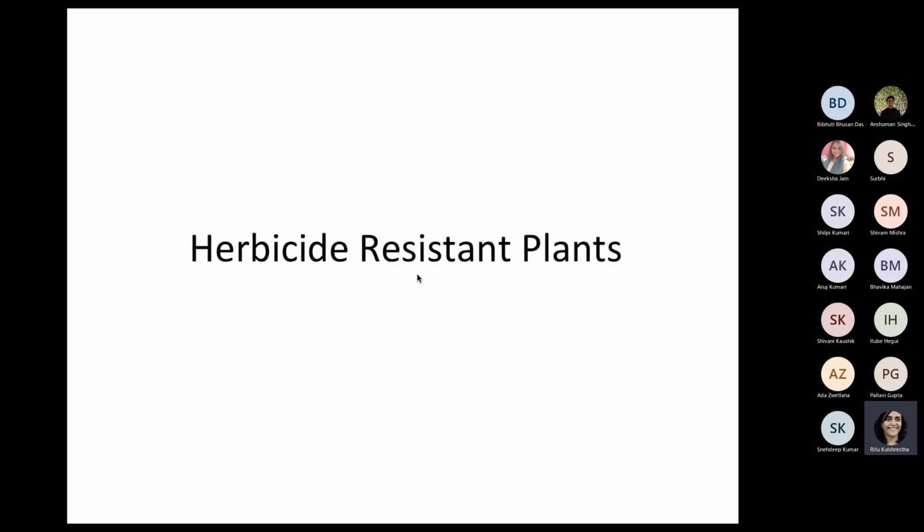They can just spray herbicide over the whole field, and the crops survive while weeds die. So let's first understand the mechanism of action of the herbicide I'm talking about.